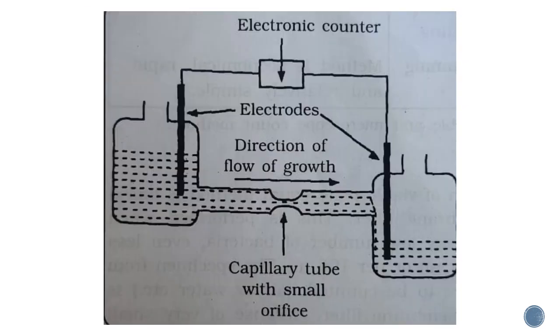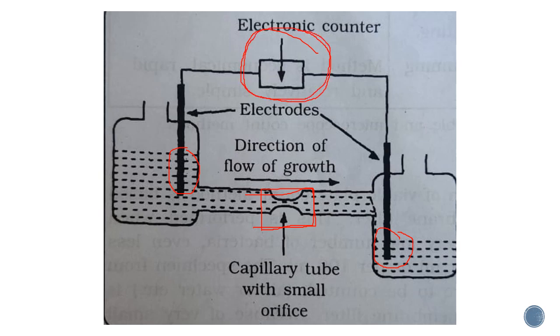See, this is a schematic diagram of the electronic counter. In this you can observe these are two rods, the one and the other one. This is a small capillary tube with a small orifice, and this portion is the electronic counter.